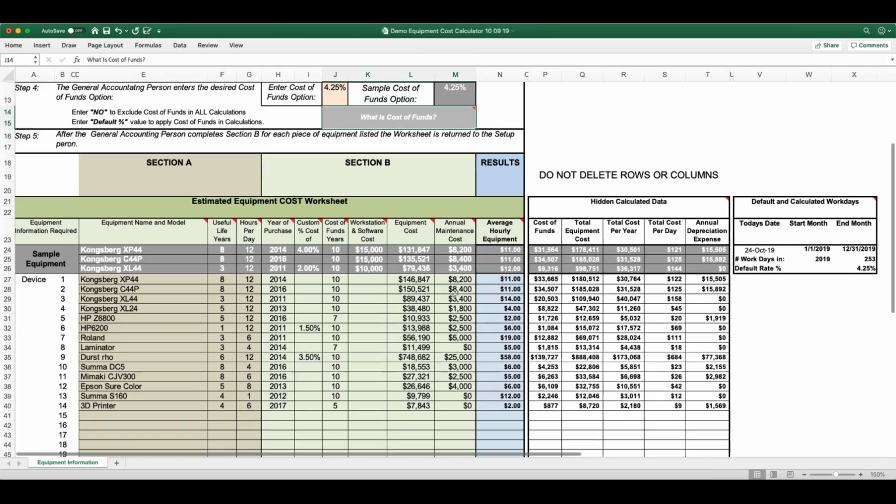What you'll notice, I just thought of this, is that in the example, they did not include any workstations. That was because they told me that they had already combined it into the equipment cost.